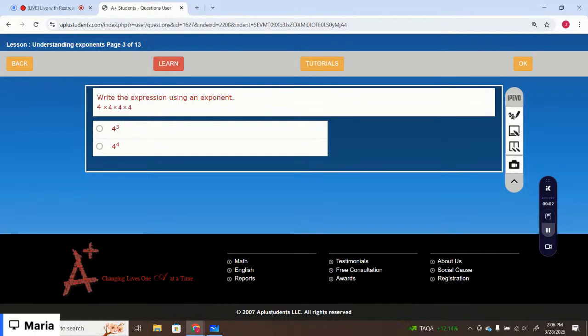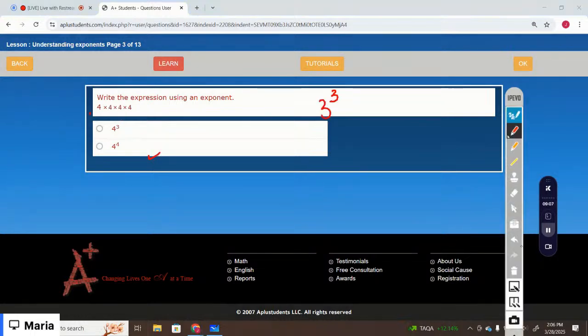Write the expression using an exponent. That is 4 times 4 times 4 times 4.